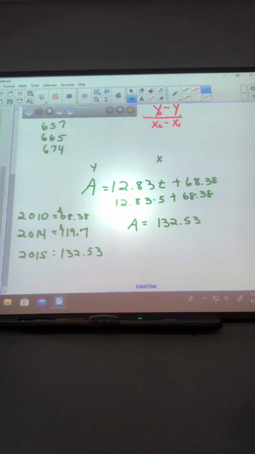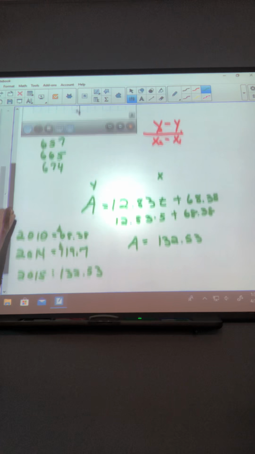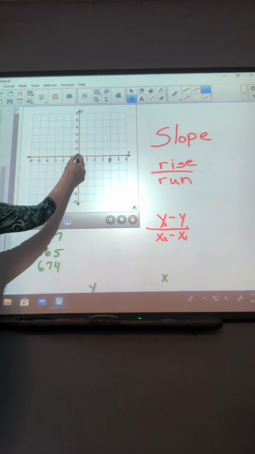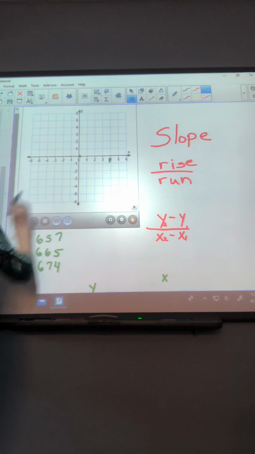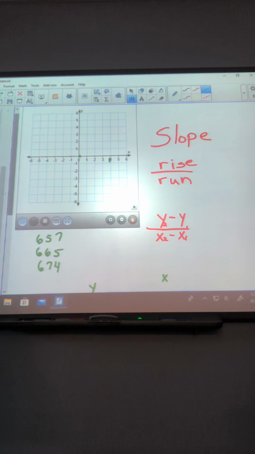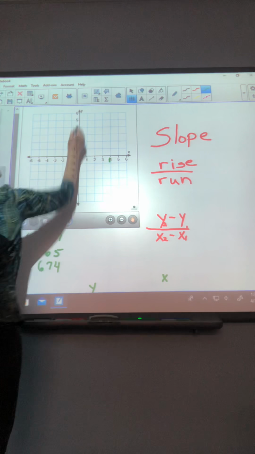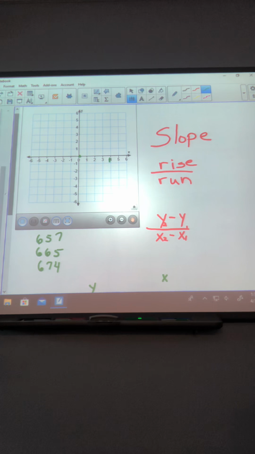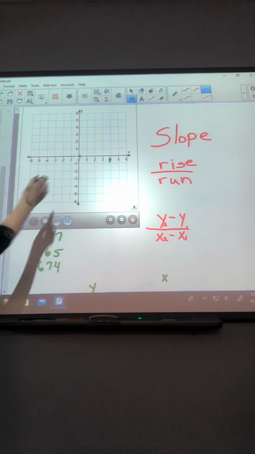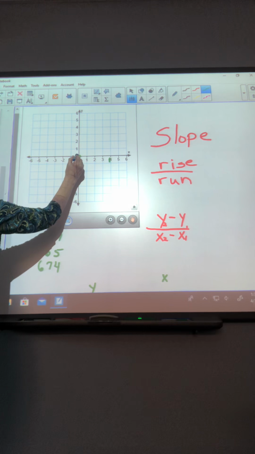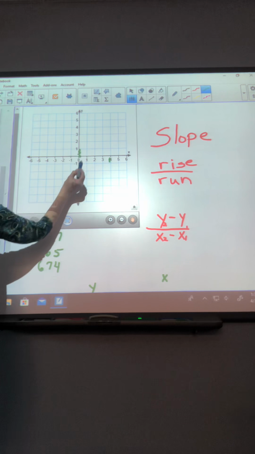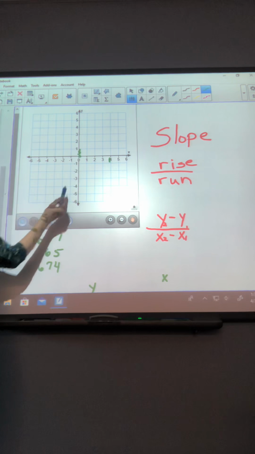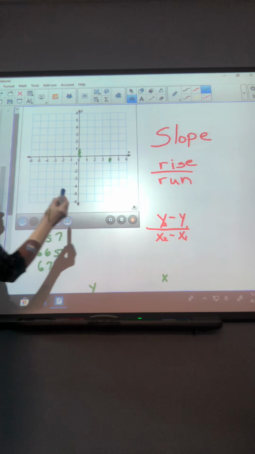And so we have 2010, and we have 68.38. So this represents 2010, and then the 68, we're going to have to use this for our numbers. I'm going to make a little ziggity line, meaning that there's more time passing by than what I am writing.